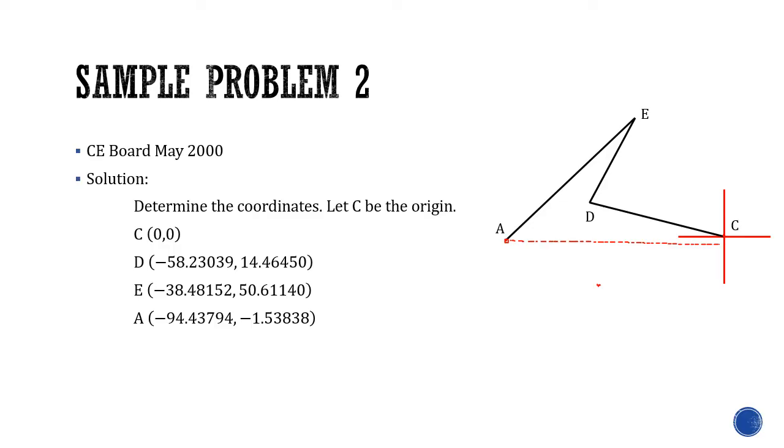If magde-decide ka, class, nasa loob or nasa labas, siguro mas malamang nandito yan. Mas malamang lang. If ever man na mali yung assumption natin, hindi siya lalabas doon sa choices. Kapag hindi lumabas yung sagot natin sa choices, then let us try the other assumption, na nandito yung B sa loob.